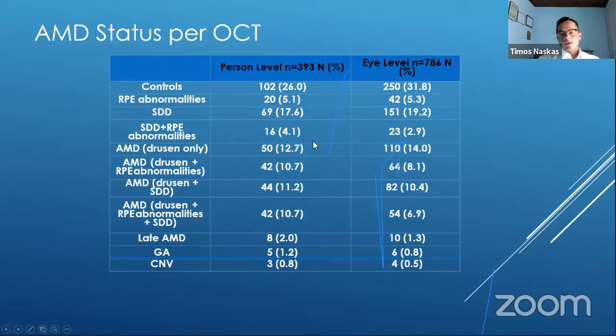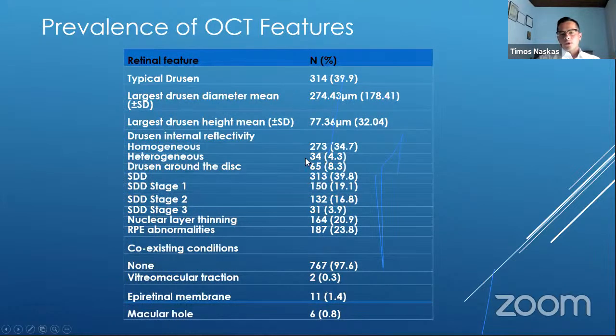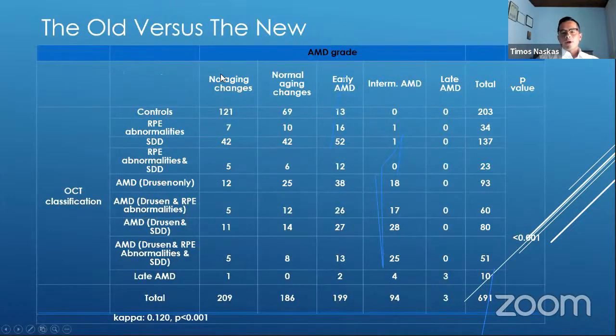But the key table and the key finding is the one where we describe not only all the OCT features, in terms of prevalence of presence of different phenotypes, where we agree with previous research, but the most striking finding was the one where we compared the fundus photography system with the OCT one.